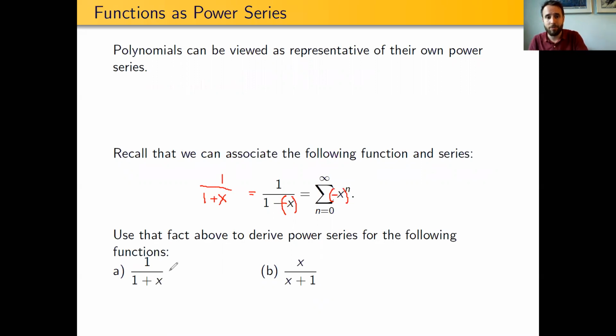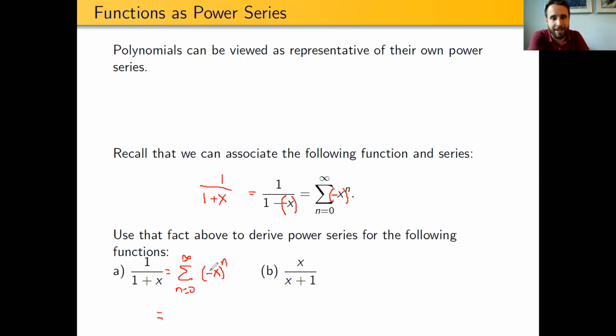And indeed, I can write this expression as the power series sum, as n goes from 0 to infinity, of negative x raised to the nth power. Now, interestingly, we can rewrite this because that negative x to the n is the same thing as -1 to the n times x to the n. So what I get here is an alternating series.